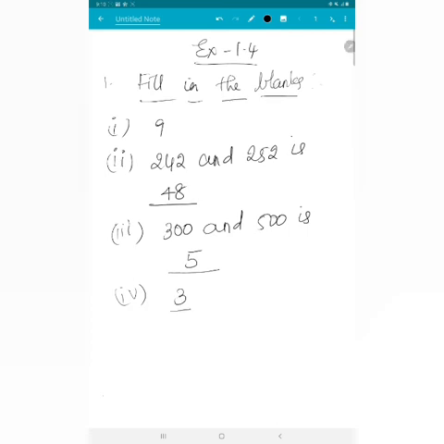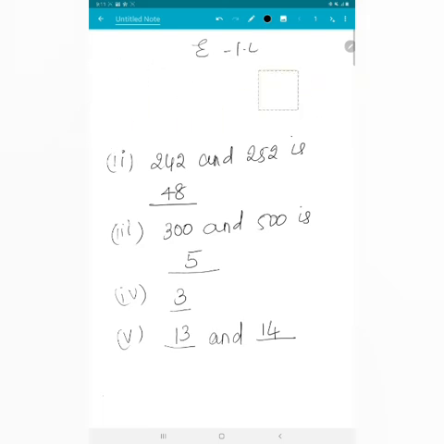Then the fifth one: the value of 180 lies between integers dash and dash, which is 13 and 14. So these are the answers for the fill in the blanks.